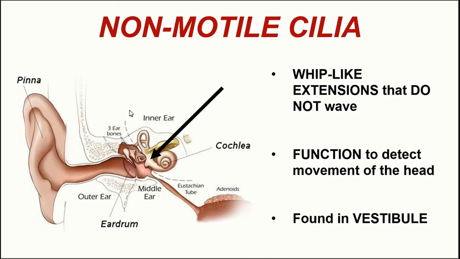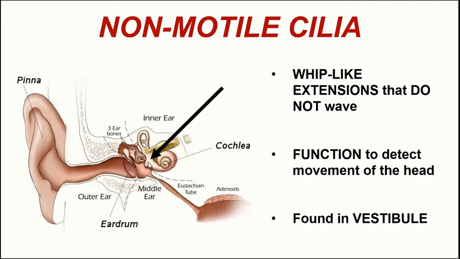Our next variety here is non-motile cilia. And non-motile cilia, as their name implies, are not capable of motion. They're pretty much the same in terms of structure, other than the fact that they can't move. They're also described as whip-like extensions of the plasma membrane that do not wave. Non-motile cilia in particular are located in a structure within the inner ear called the vestibule.